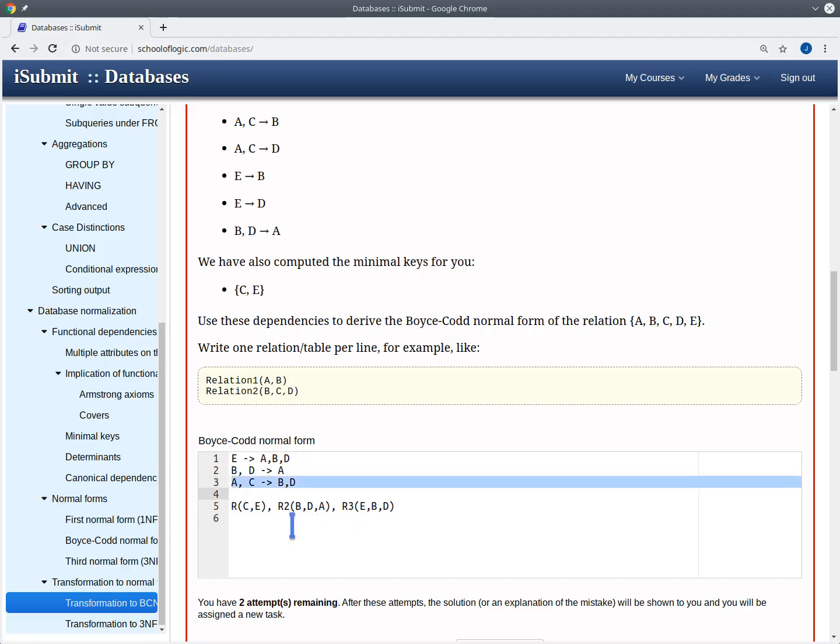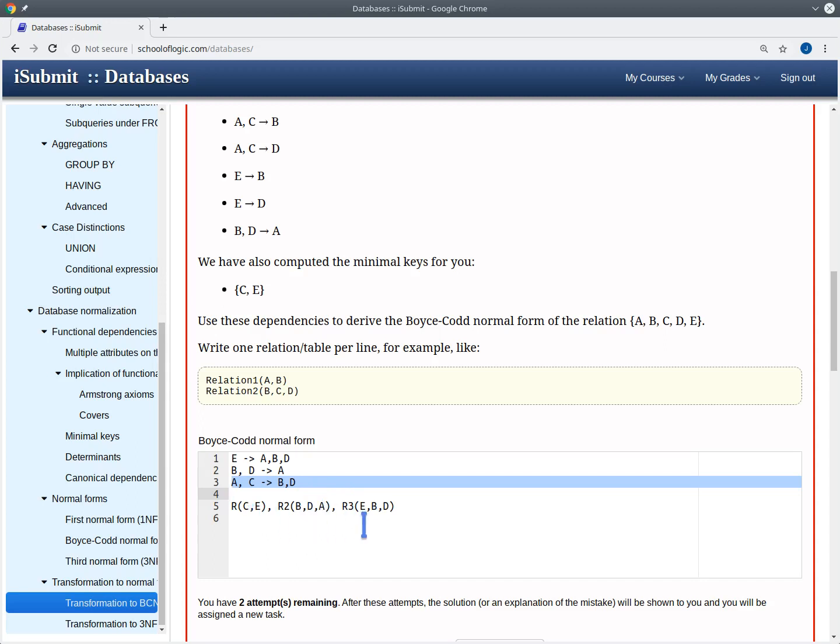dependency. We have a left-hand side A and C. Here only C appears. A is not part of this table, so this functional dependency is not affecting this relation. Here we have A, but we don't have C, so it also does not affect this relation. And here we neither have A nor C, so this functional dependency does not violate any of these relations.